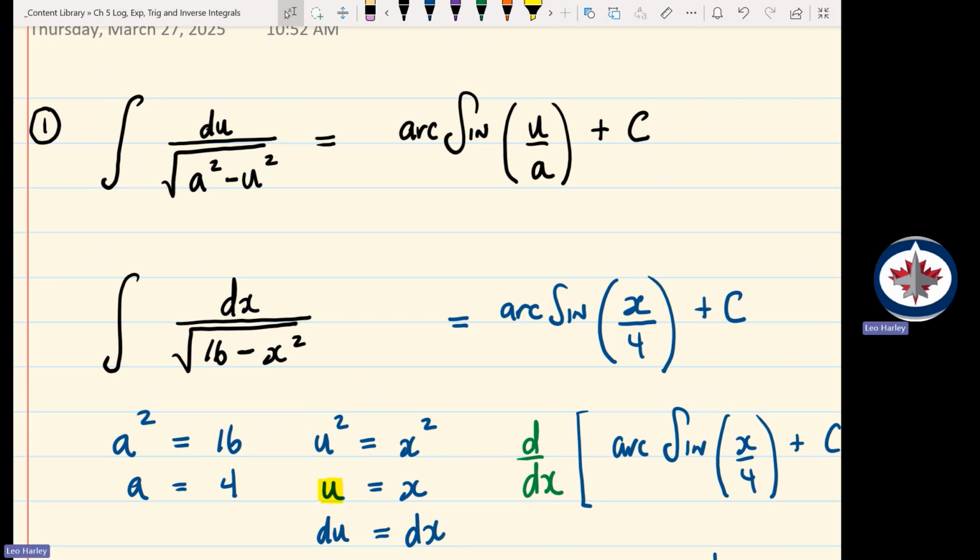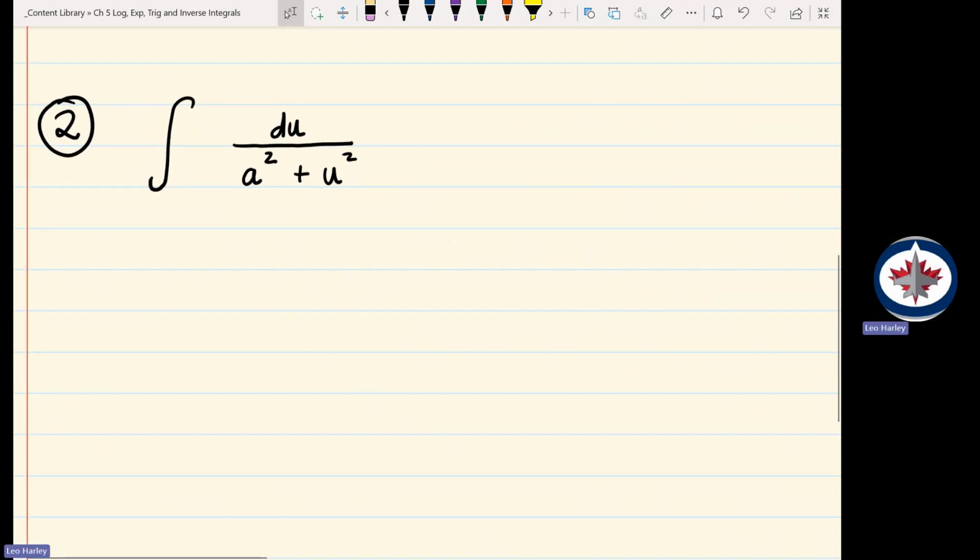It is arctan. Tan is the one where there's no square root. Think about what the derivative of arctan is. The derivative of arctan, check your notes. There is no square root when you do the derivative of arctan. So just so we're clear, it's going to look like this.